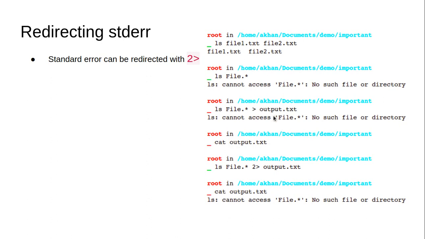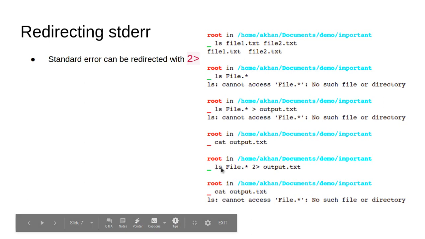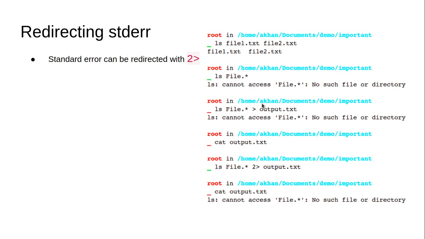The output.txt will be created because it was not existing on the file system. Now if I check the content of that file, it is blank, because this is the standard error. No such file or directory is the error, it is not an output. Now we want to capture this error. To capture it, we use the same command, however now we use 2 in front of the redirection.